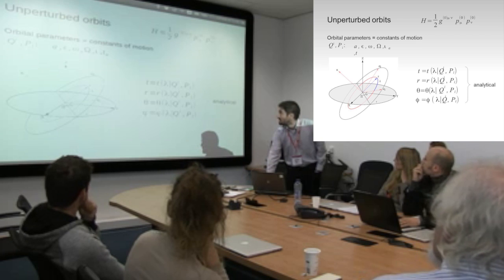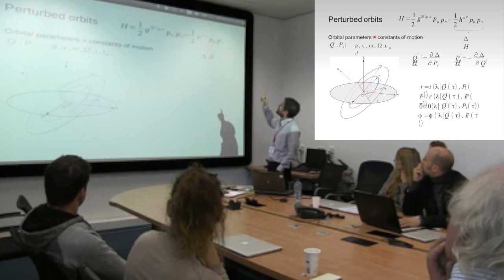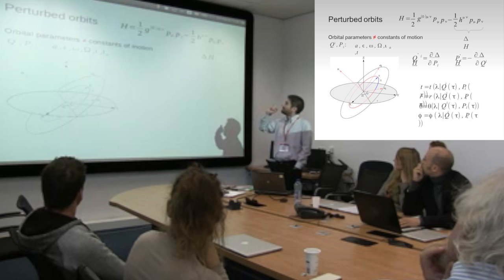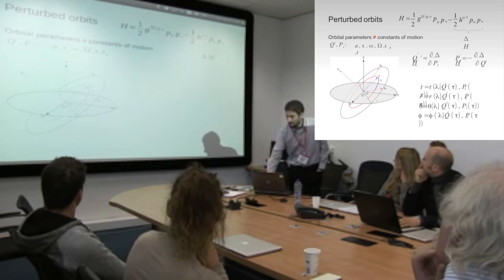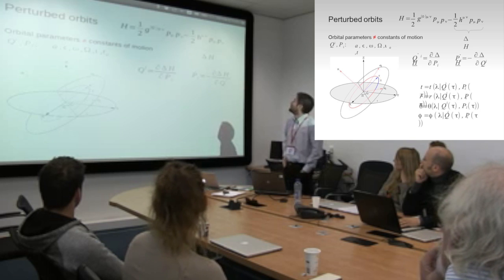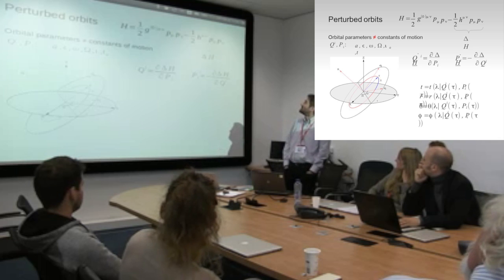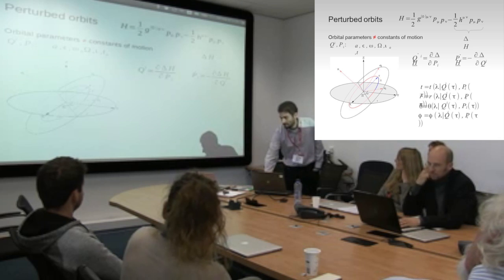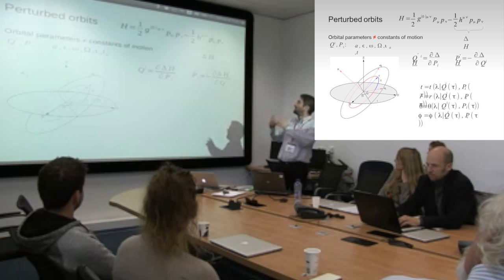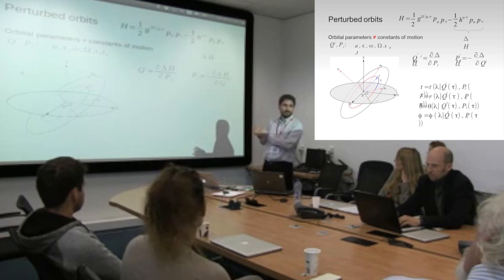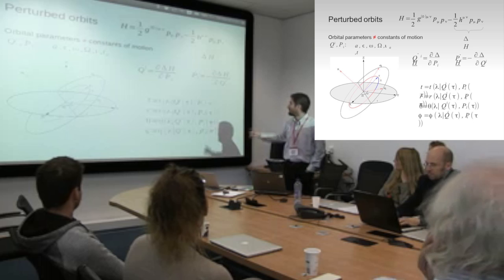But if we have perturbed orbits, then we get an additional term in the Hamiltonian, and the orbital parameters are no longer constant. So basically we calculate the time evolution of the orbital parameters in the usual way, find the results as functions of time, and then use those results in the analytical solutions we had before.